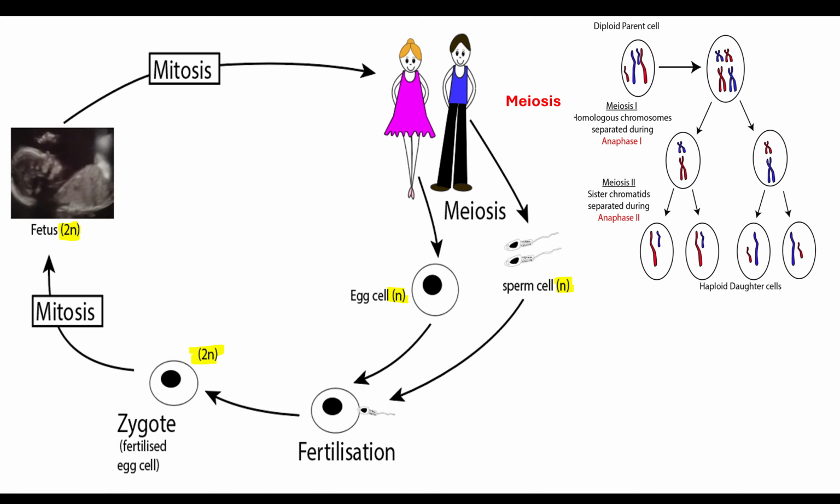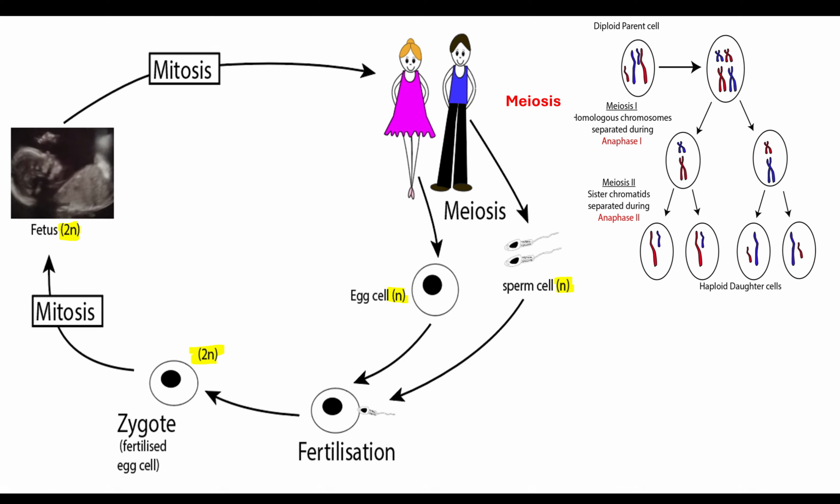So meiosis is about the production of gametes, and therefore when you have diploid parent cells inside the reproductive organs of an organism, through meiosis 1, the first reduction division, homologous chromosomes will be separated during anaphase 1. Through meiosis 2, the sister chromatids will then be separated during anaphase 2. And this will result in haploid daughter cells being produced.